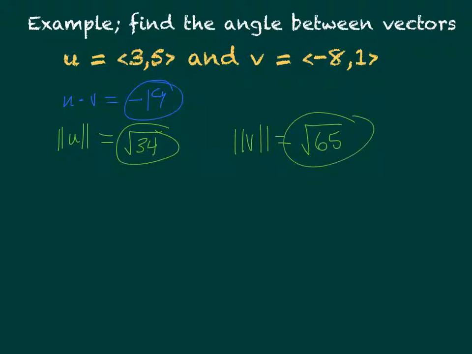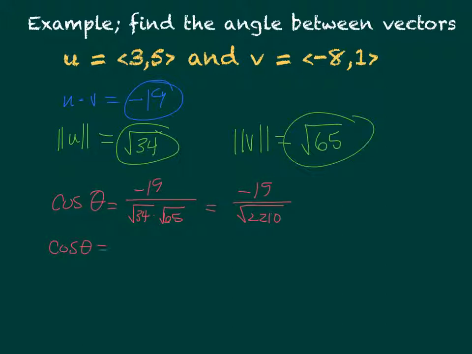So when we put all that together to find the angle, we have cosine of theta equals -19 over the square root of 34 times the square root of 65, which if we use our rules, that is -19 over the square root of, multiply 34 times 65, and you get 2,210. And then you can solve this.